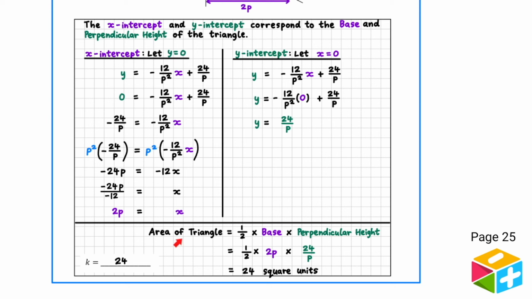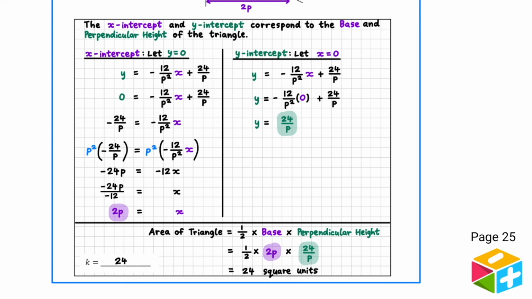So, the area of the triangle will be half times the base times the perpendicular height. The base was equal to our x-intercept, and we found that this was 2p. The perpendicular height corresponded to the y-intercept, and we found that this was 24 over p.